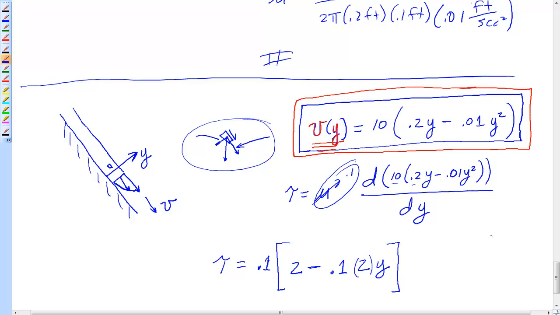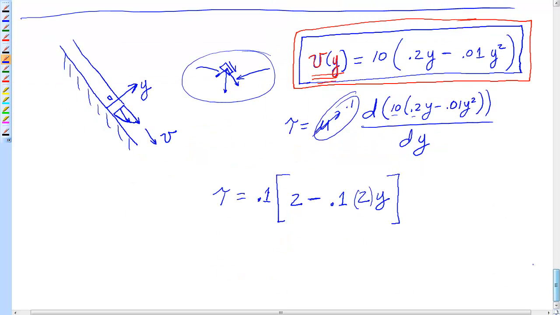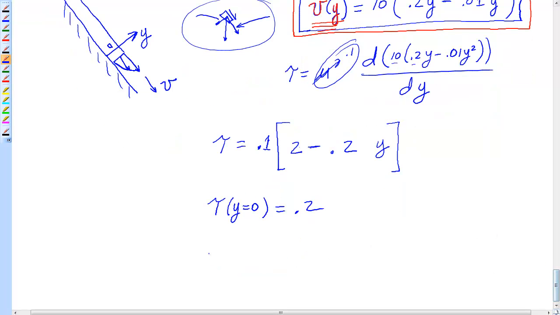However, I can just put these two together to give me this. Now the first thing I could say is this: what is the shear stress when y was equal to 0? That'd be just putting in y equal to 0, and I'd get 2 times 0.1, or that. What would happen to the shear stress when y was equal to, say, 10?